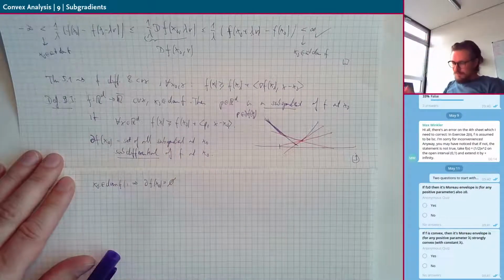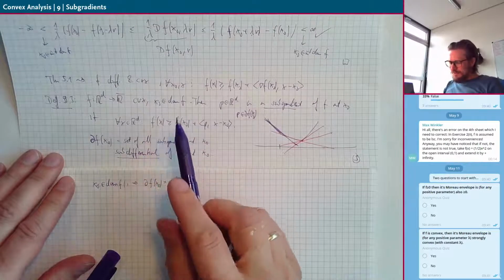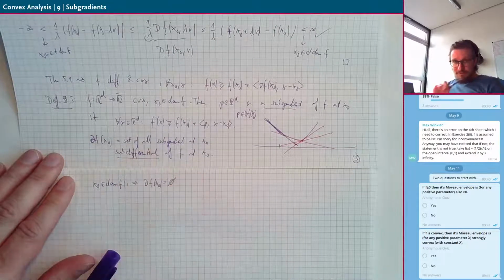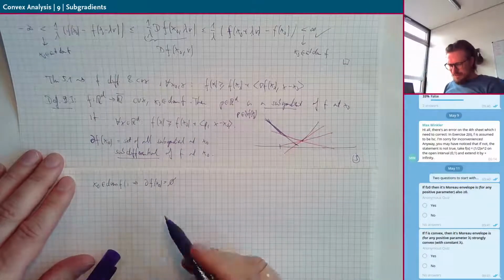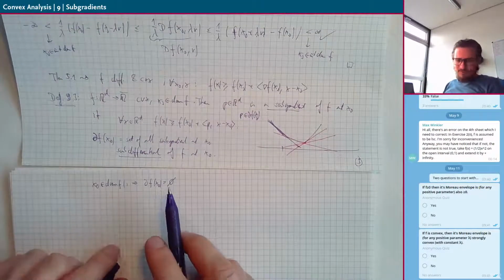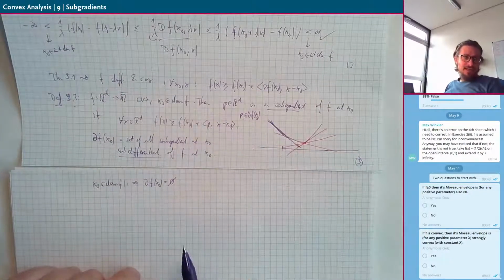It doesn't make any sense. One could say in principle that if f is constantly plus infinity, then every p would be a subgradient, but that doesn't make much sense. So we just take this convention, because the function plus infinity is not that interesting anyway.